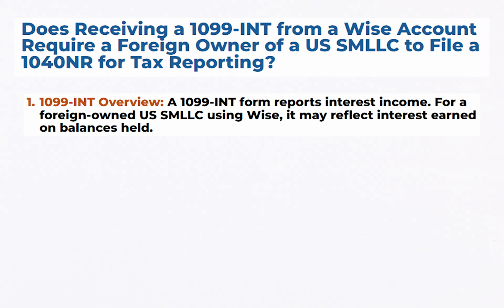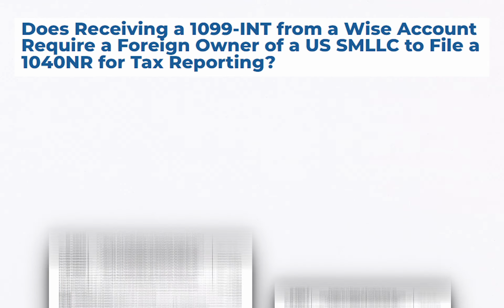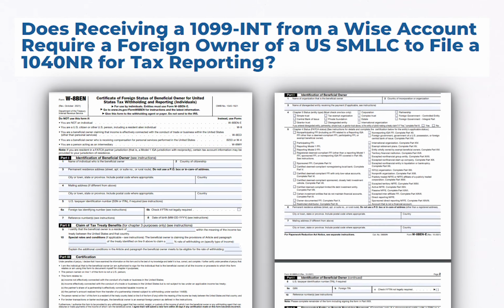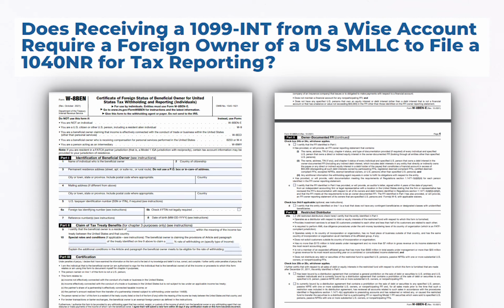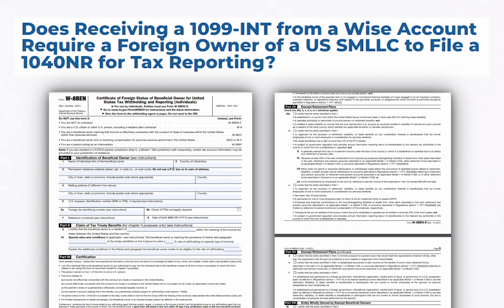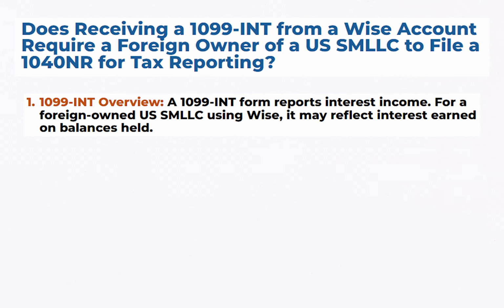So sometimes, instead of completing the W-8BEN series, they complete a W-9 and incorrectly state on that W-9 that they are US persons when they are not. When you're a US person, the right channel for the payer is to give you a 1099 INT for interest income.